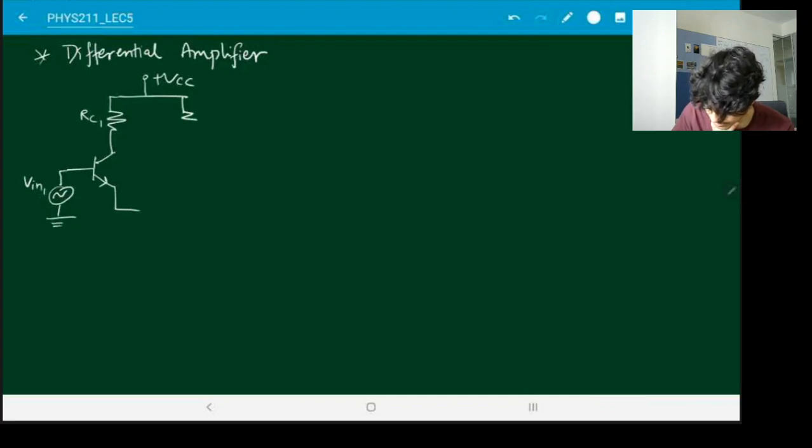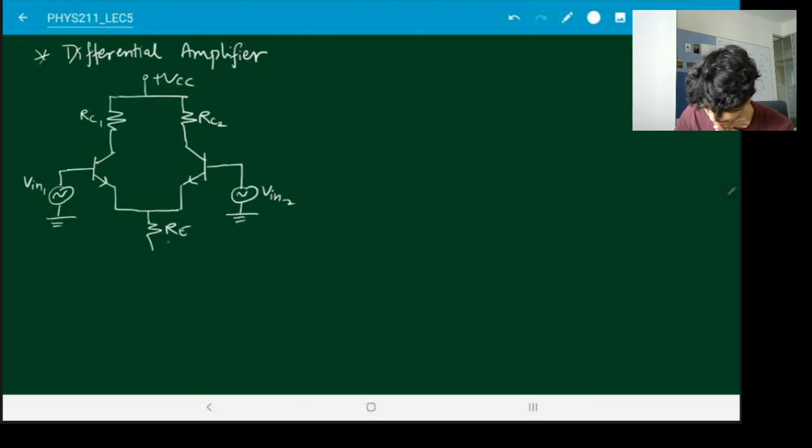And now on the other side is essentially a mirror image of this thing, with input Vin2, and here at the bottom I'm going to put my emitter resistance. Here is minus VEE.